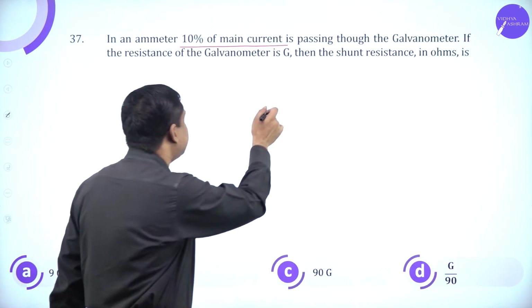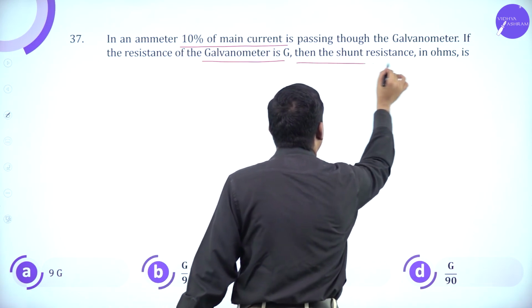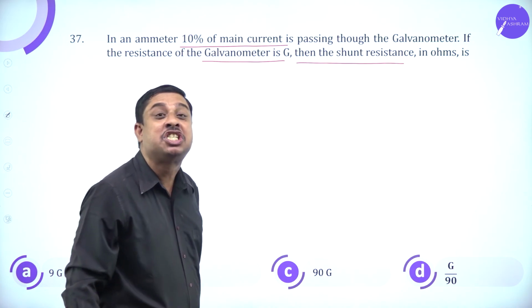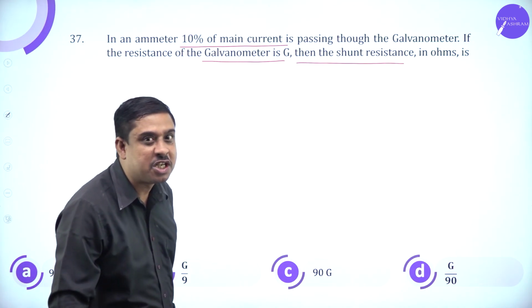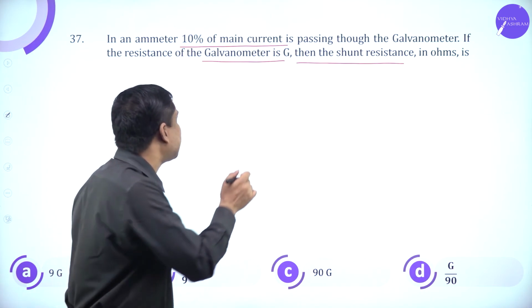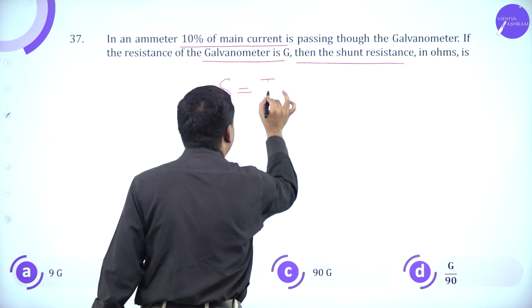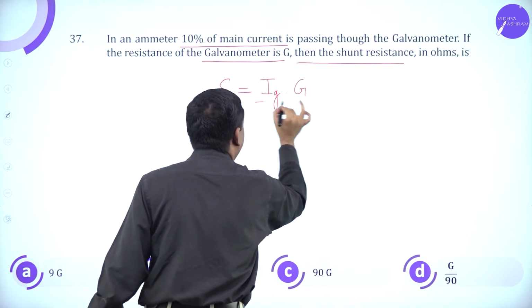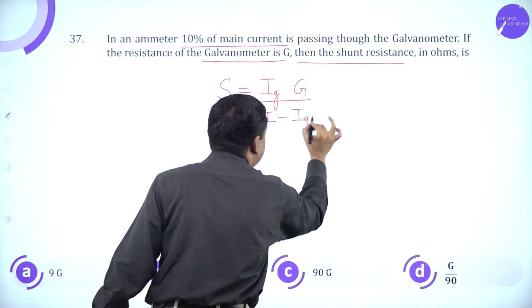If the resistance of the galvanometer is G, then what will be the value of shunt resistance? Tell me the expression for shunt resistance. So S is Ig into G divided by I minus Ig.